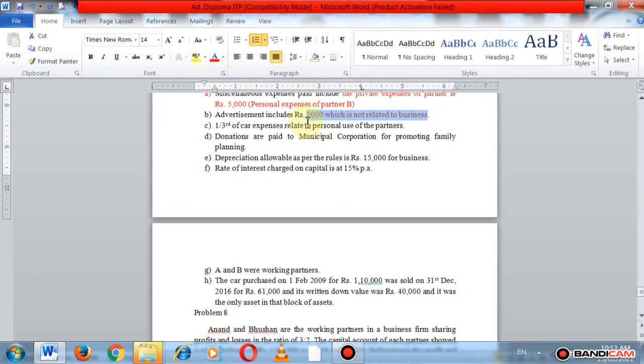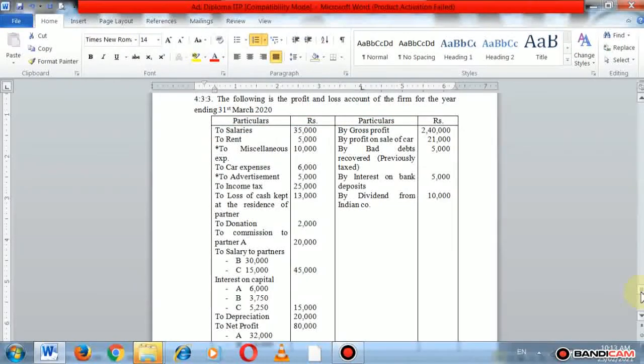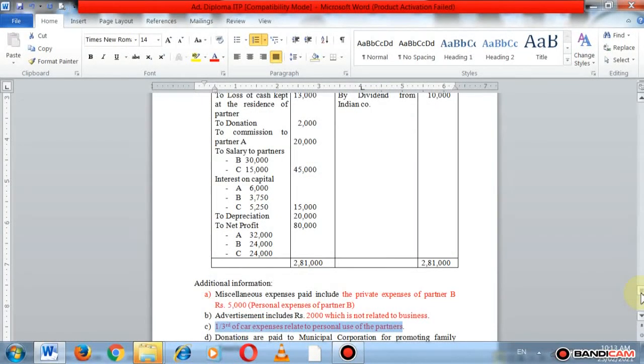Then, 1/3 of car expenses are related to personal use of the partner, so that is also disallowed. It means 2/3 of the car is used for business purpose and 1/3 is used for personal purpose.